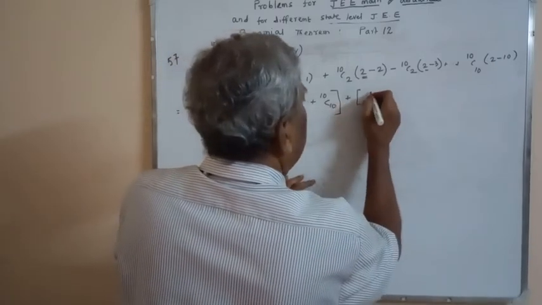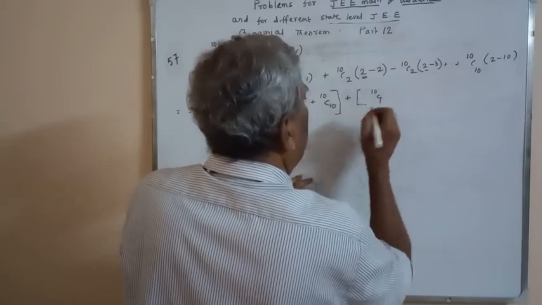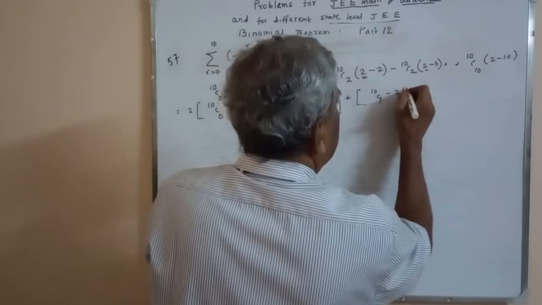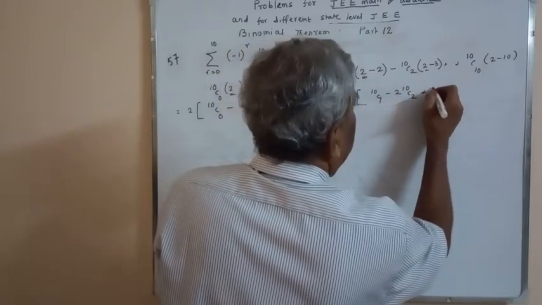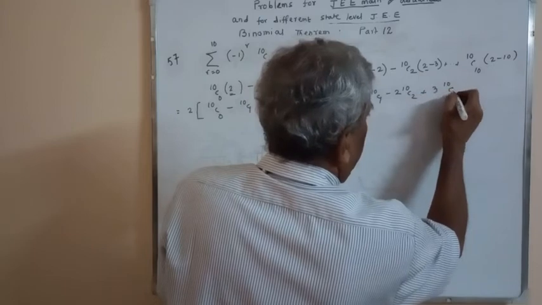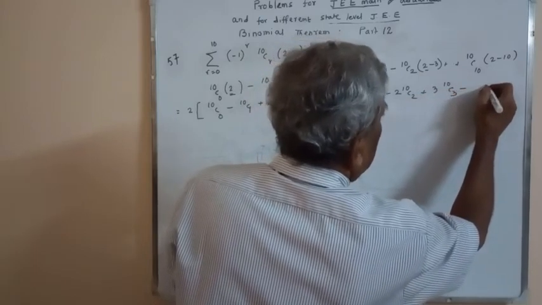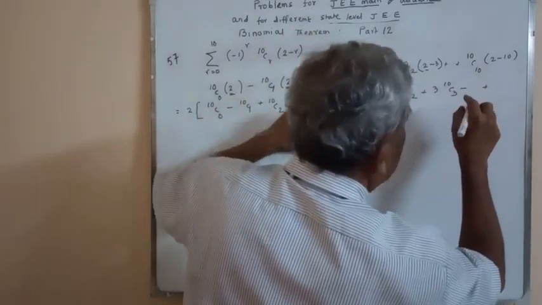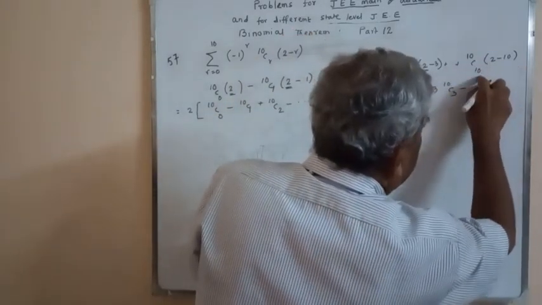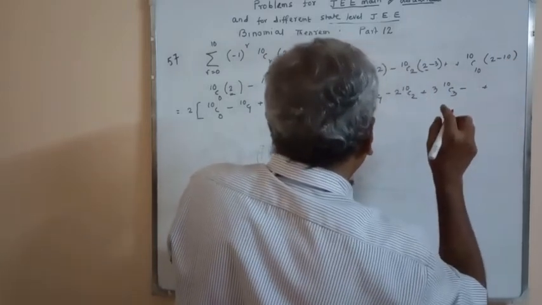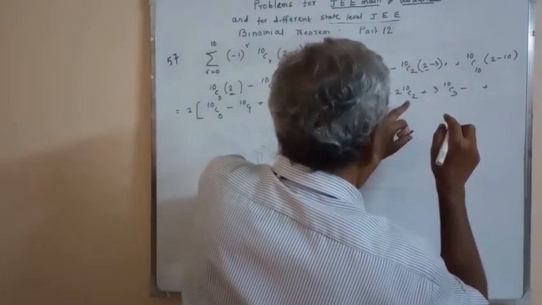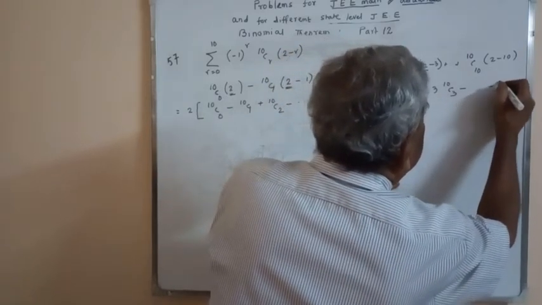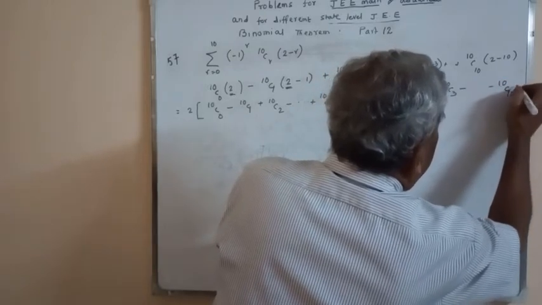This is plus 10C1 into 1, then minus 2 into 10C2 plus 3 into 10C3 minus this way, 10C10 into 10 with a negative sign. So minus 10C10 into 10.